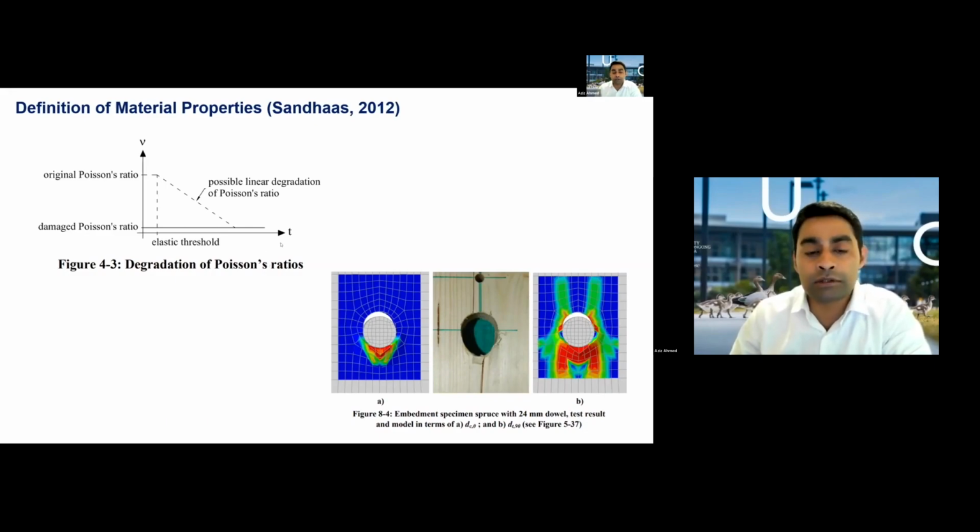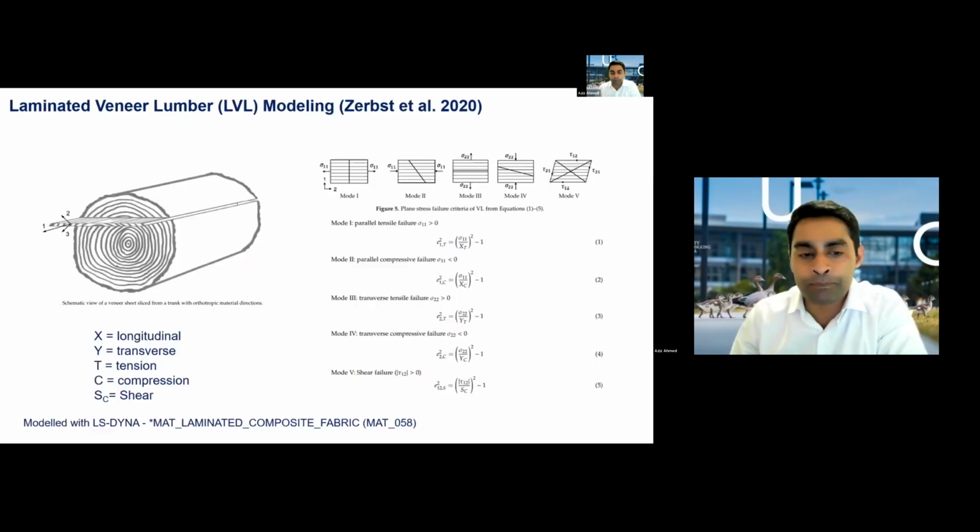We came to believe that it's more of a constant, especially for steel. For a lot of materials, it's a constant value. But for timber, there is a degradation. So with load, the Poisson ratio actually changes. So that's an additional complexity that comes with modeling timber.